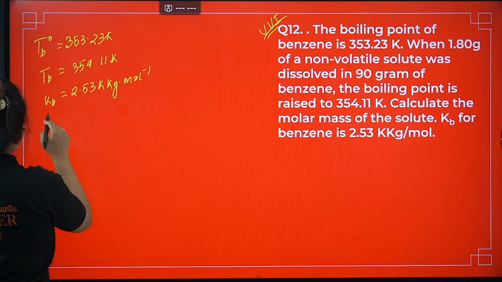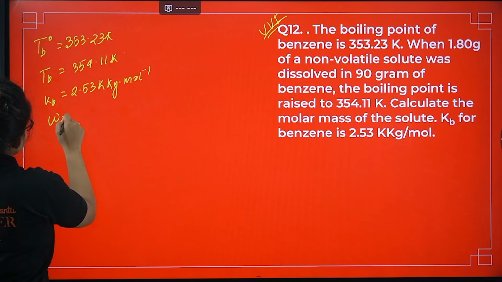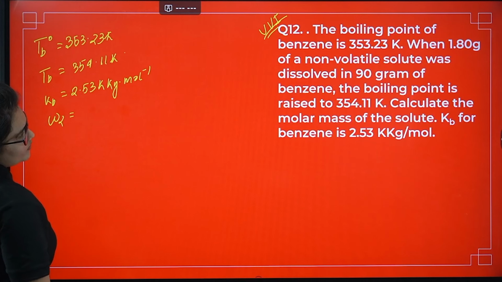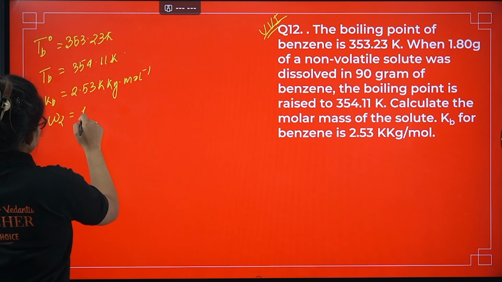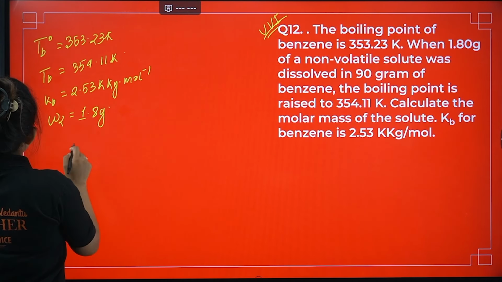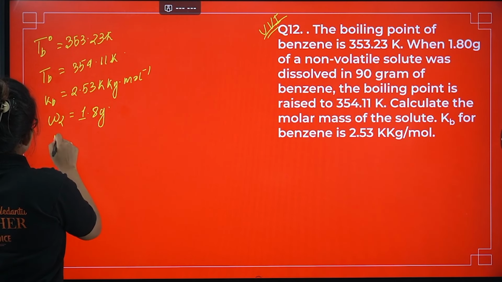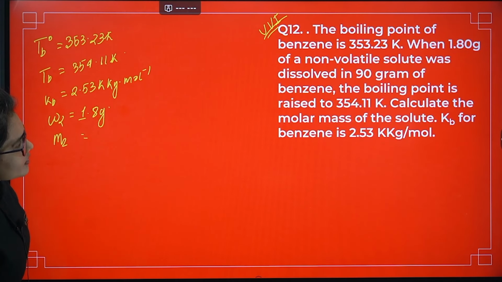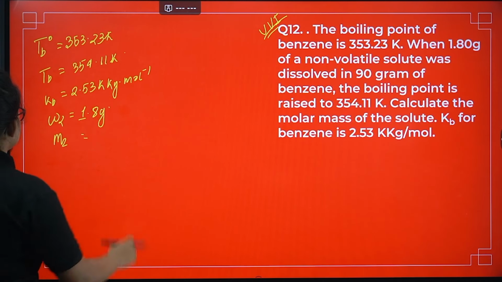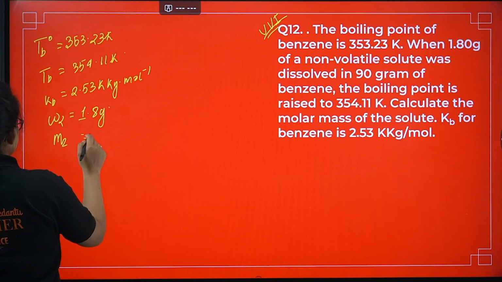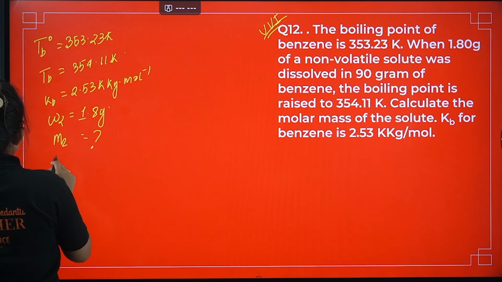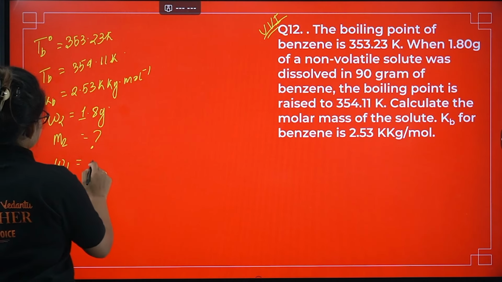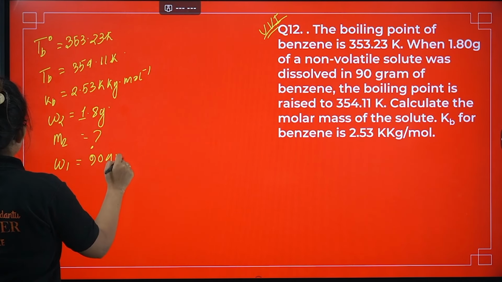Next, W2 is also given for the solute, they are saying 1.8 gram. Next, the molecular weight of the solute, that you have to calculate. Next, W1, the weight of the solvent, is given as 90 gram.